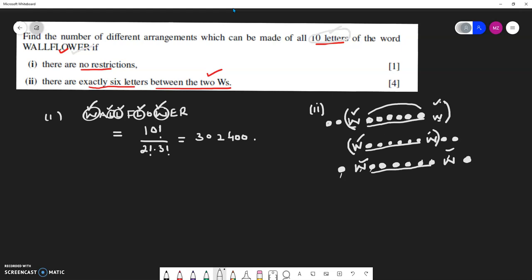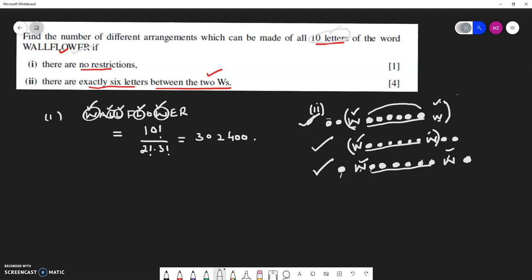Now we will be finding the number of different permutations in each case. So we need to find the number of permutations in this case, and the number of permutations in this case, and again in this case. First of all, here in this part, what is the number of different permutations or arrangements which can be formed with this arrangement?